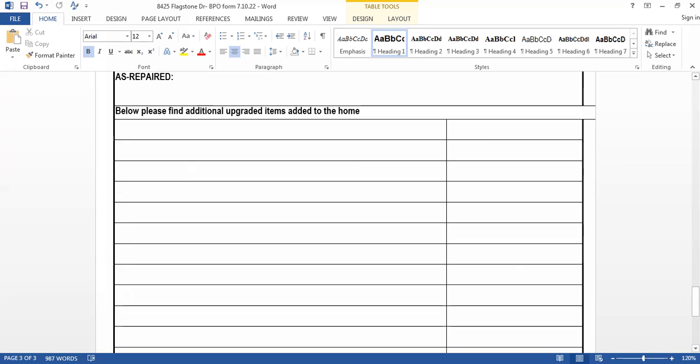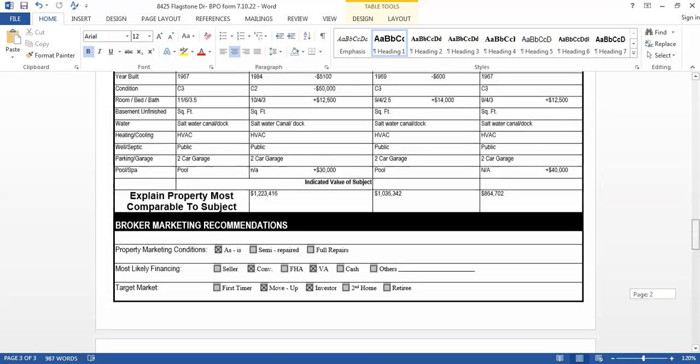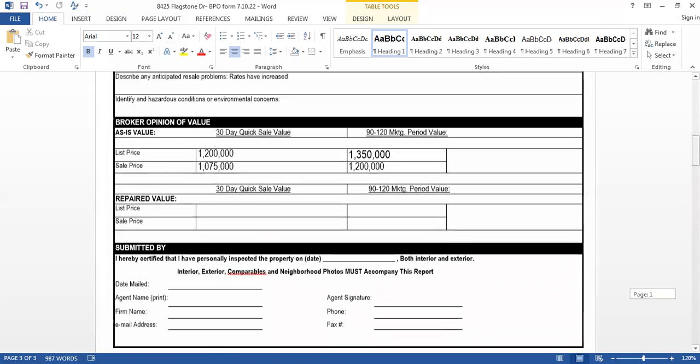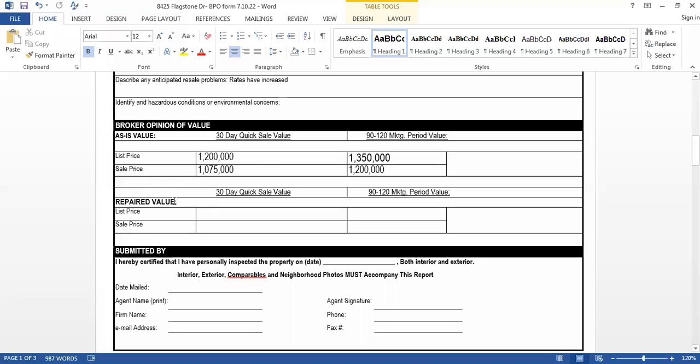So if you're looking for off-market homes for your investors, and you want to give him a BPO as to what he can purchase it for, and then what the retail value would be if he sold it after he fixed it up, and then you find here what the cost of cure is, then you've recognized it, and that becomes part of the part right up here where it says quick sale, and then repaired value, you put it here. So this is as is, see how it says as is, and this is repaired.